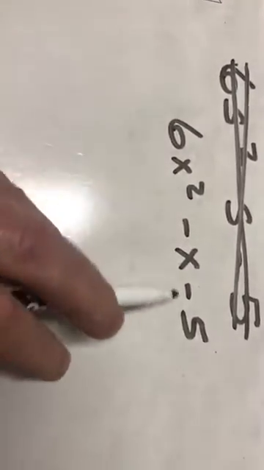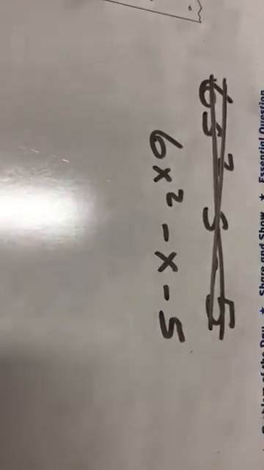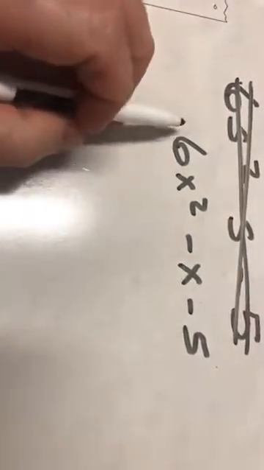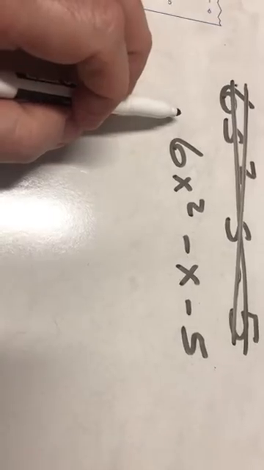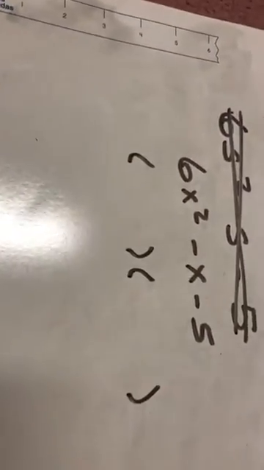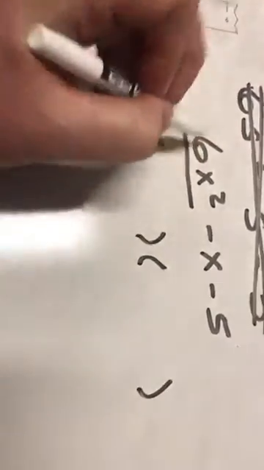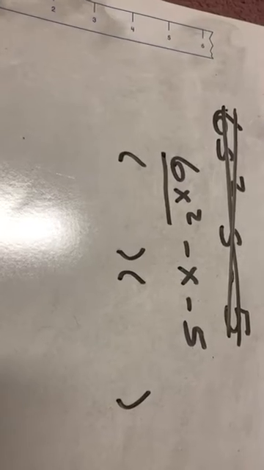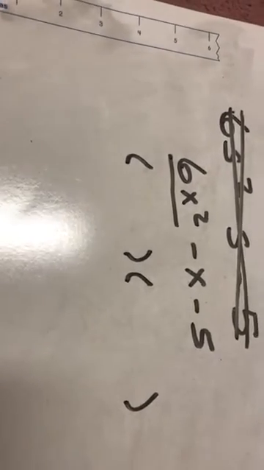6x squared minus x minus 5. All right? I don't have to worry about the negative because it's not a negative 6. So I know I'm just going to set up my parentheses. But I'm working first with a 6x squared. Now, in the previous example, we had 3x squared.